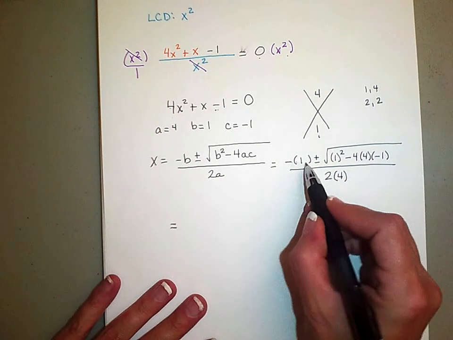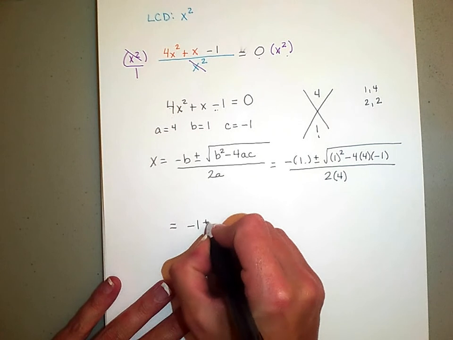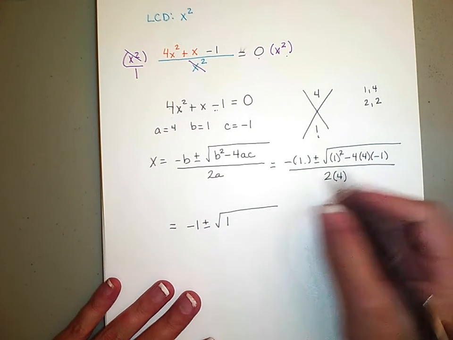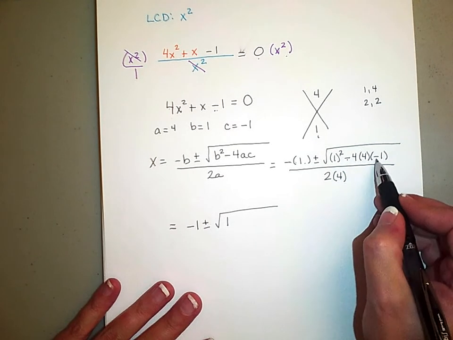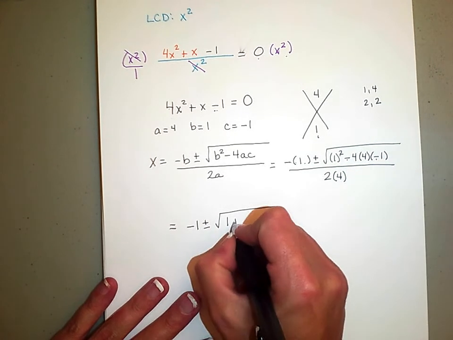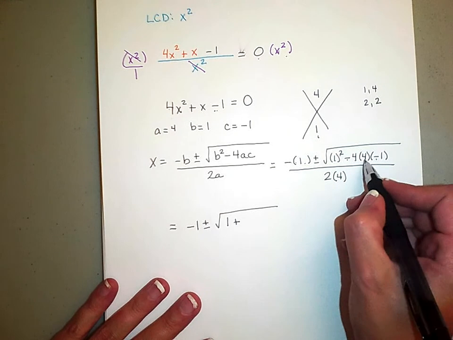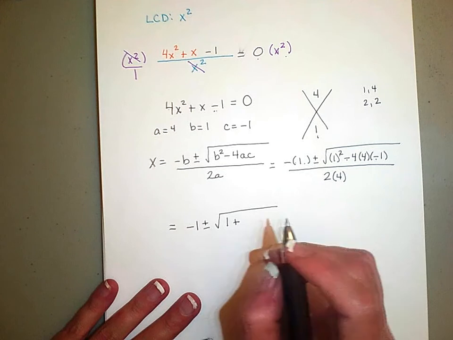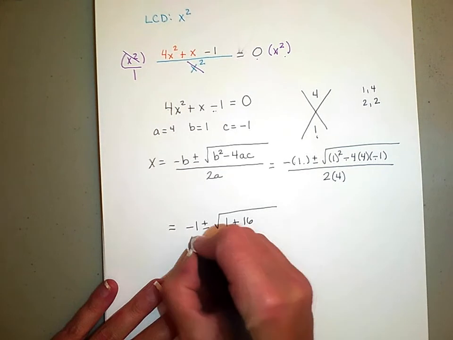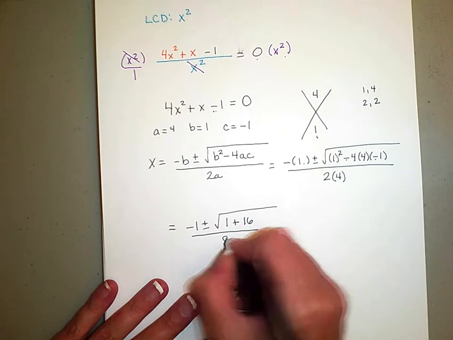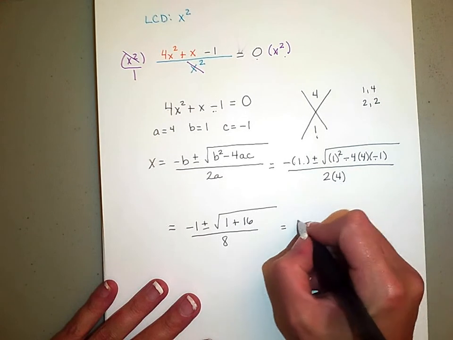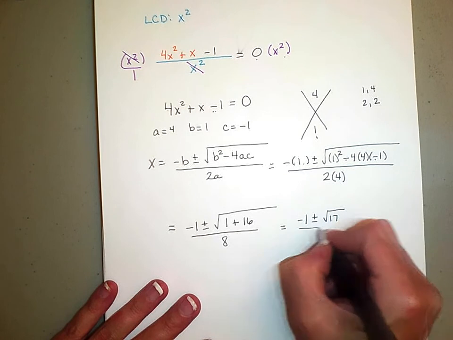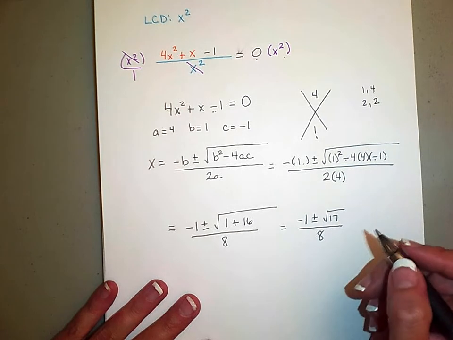And now we'll simplify. So this is negative 1 plus or minus 1 squared is 1. A negative and then a negative become positive. 4 times 4 is 16 times 1 is 16, all over 8, which is negative 1 plus or minus the square root of 17 over 8.